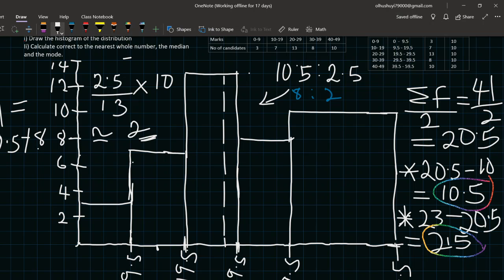I have 27.5. And the question says calculate correct to the nearest whole number. So to the nearest whole number now, that will be 28. So my median is 28. I want to believe you understand that.